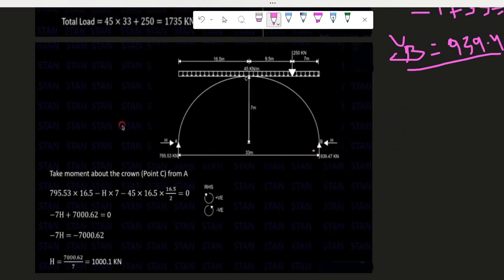Next, find the horizontal thrust. How to find the horizontal thrust?